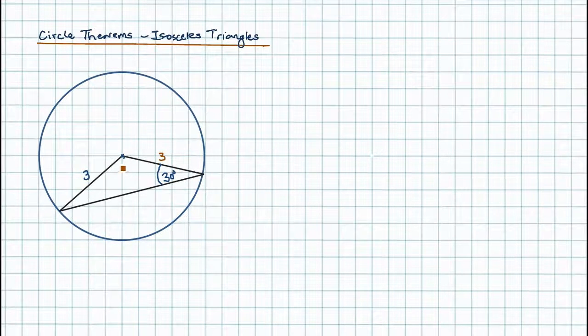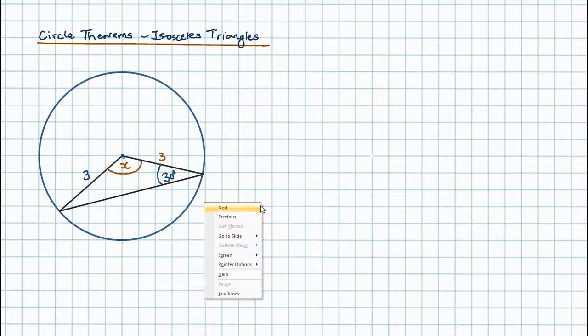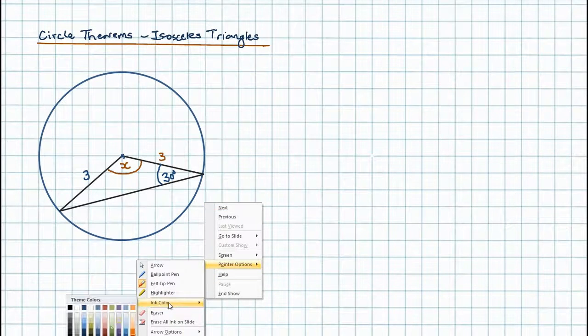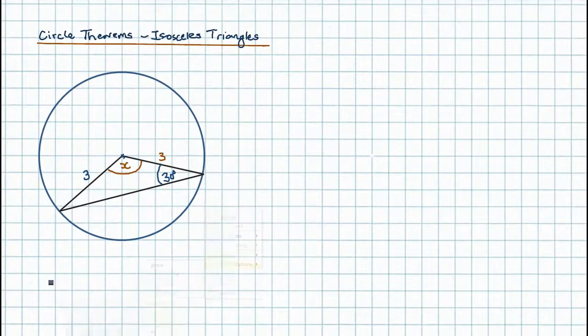So let's say that you're given that x is actually this angle here, and we're asked to find that. So that's problem A. Okay, let's call it problem A.